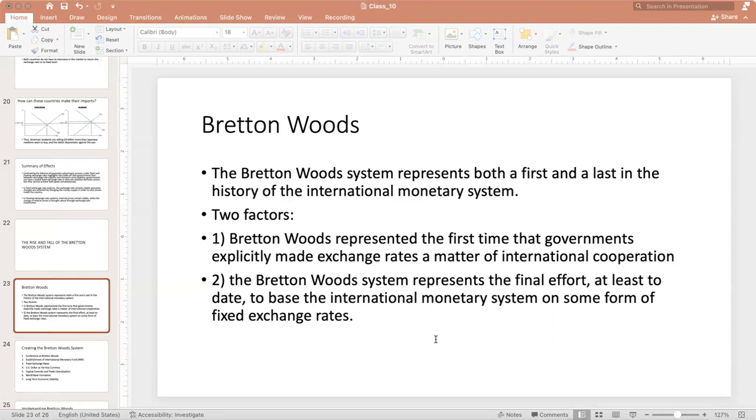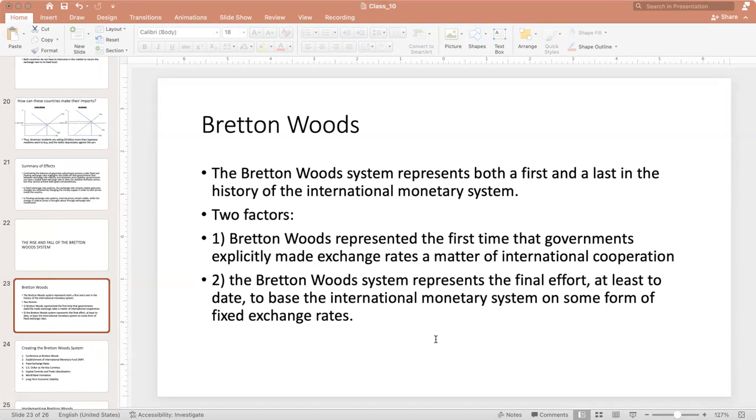Moreover, it facilitated the expansion of global trade by providing a predictable framework for currency exchange. It reduced the risk associated with volatility of exchange rates, enabling businesses to engage in long-term trade agreements and investments. And this stability and predictability bolstered economic integration and facilitated the growth of international supply chains.